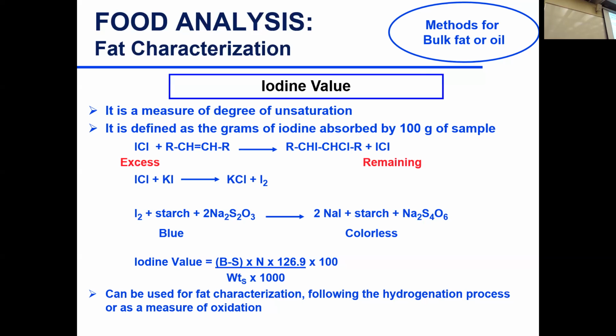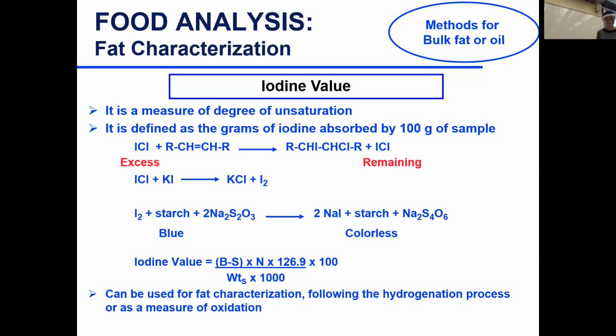Absolutely, because your volume here is in milliliters, and here you need your volume to be in liters. Molarities and normality are always per liter. So we divide by 1,000, then we get grams of iodine in 100 grams of sample. The derivation of the equation is the same as we derived for nitrogen.